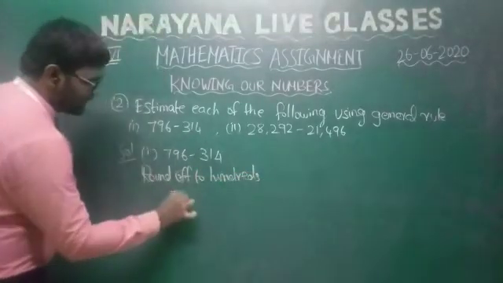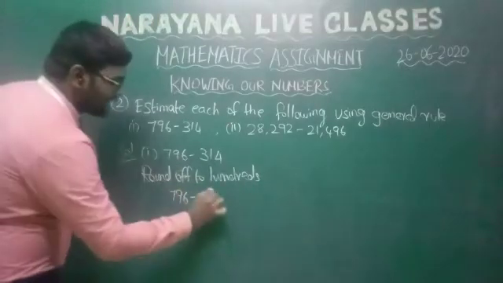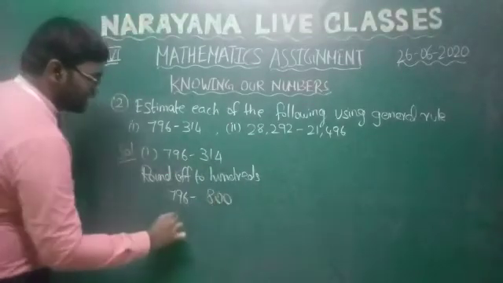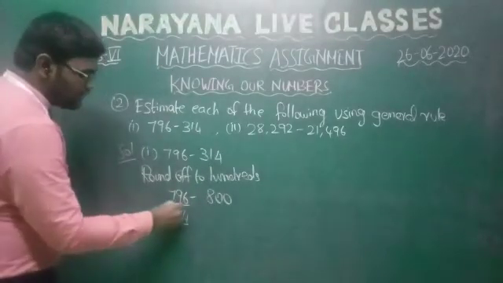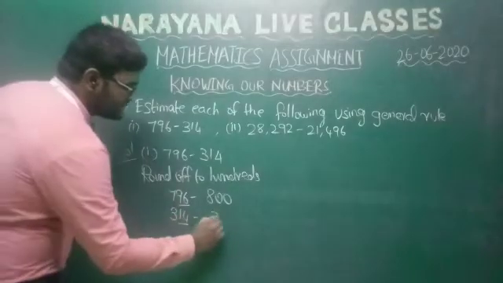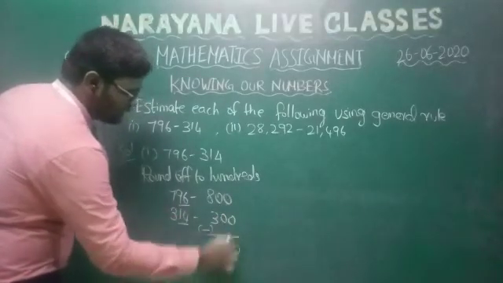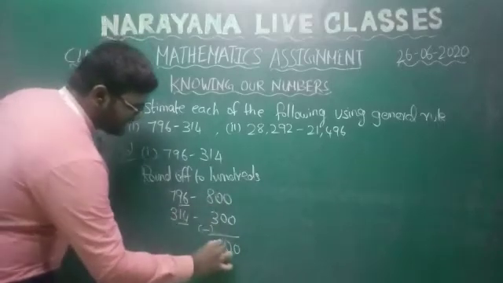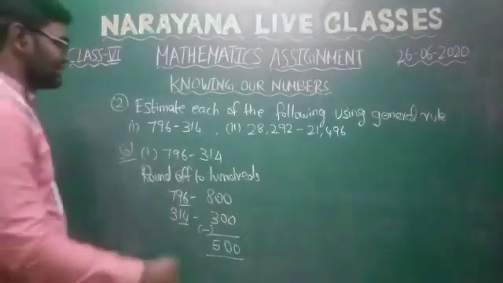If you round off 796, how much will you get? 96 is greater than 50, so it will become 800. Similarly 314, 14 is less than 50, so it will become 300. If you subtract, what will you get? 0, 0, 8 minus 3 is 5. So the estimated difference is 500.